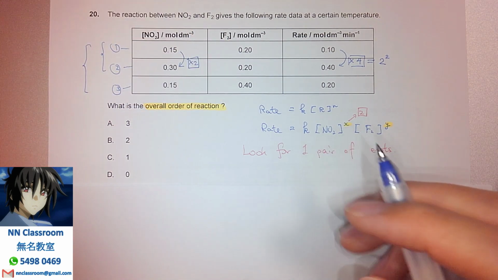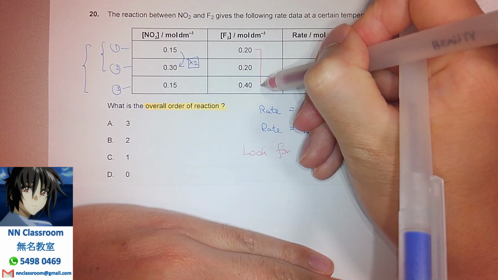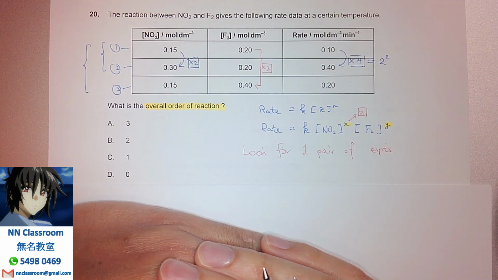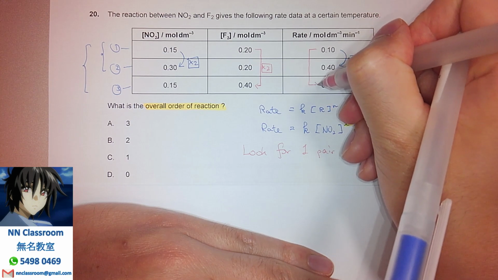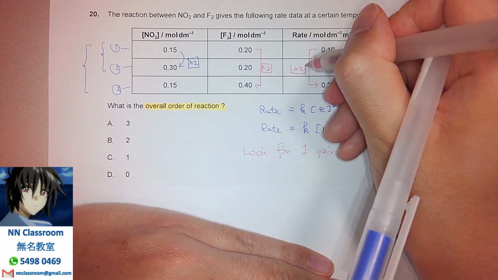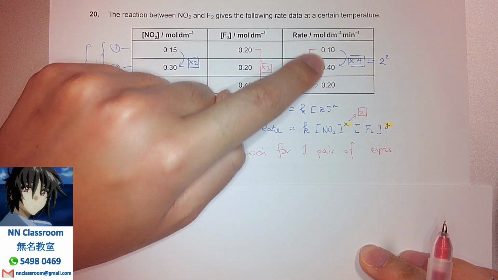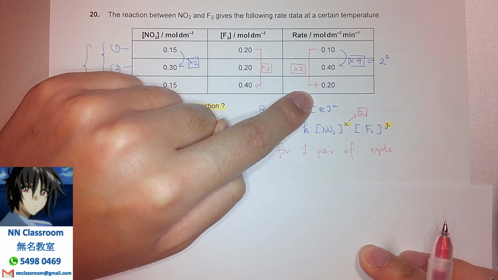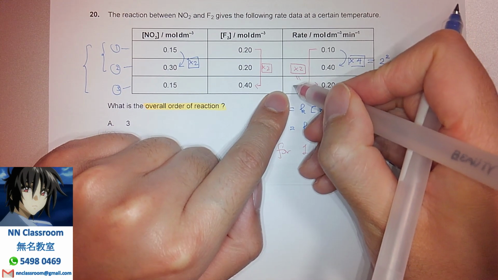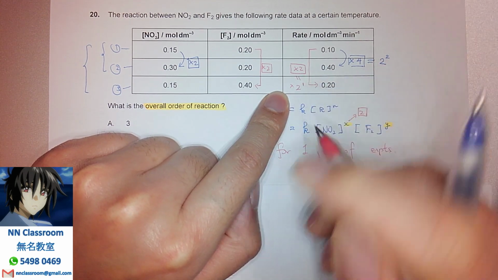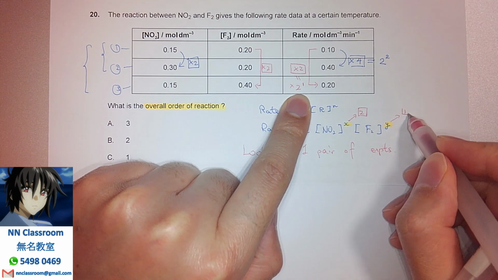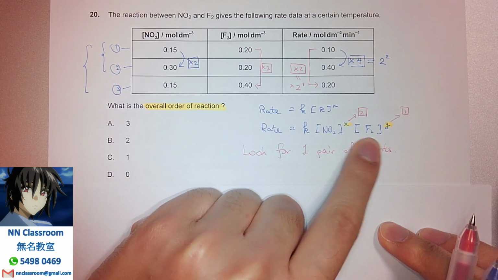This time, fluorine doubles in concentration, and the rate also doubles, from 0.1 to 0.2. So the double means times 2 to the power 1. Obviously the order with respect to fluorine is 1.